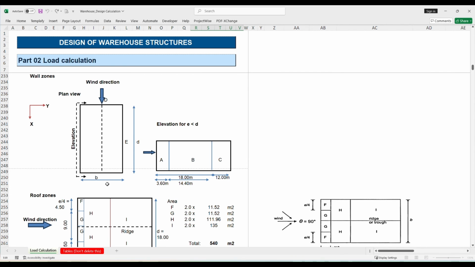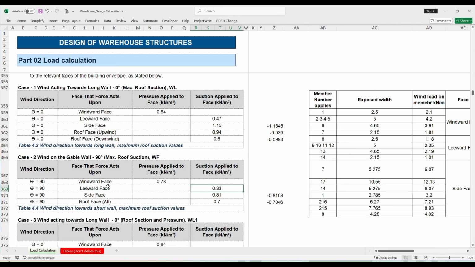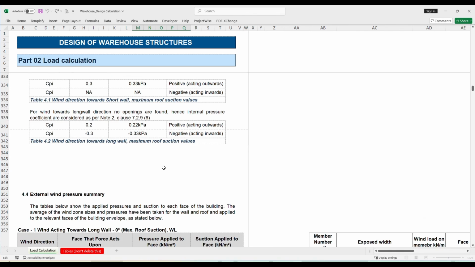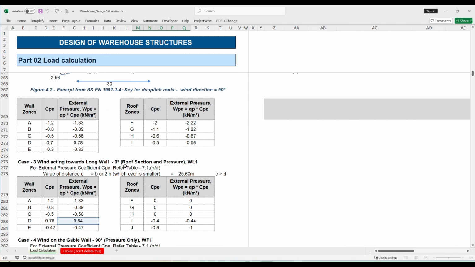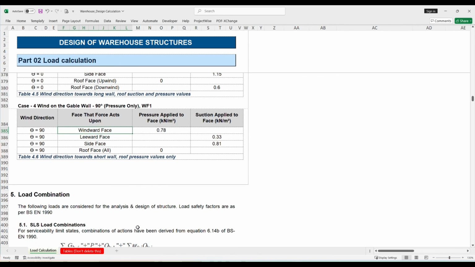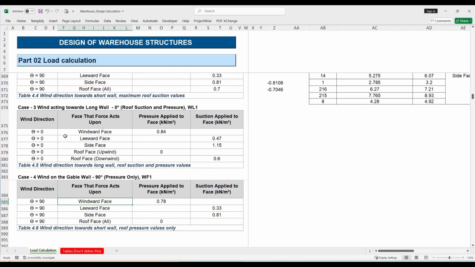So this is D, this is E. This picture is showing it wrongly; here is E, but we should come here. Similarly for wind acting towards the long wall on the right hand side, the same philosophy we apply for case 3. And case 4 is wind acting on the side from the bottom. So this is the summary of all 4 cases.